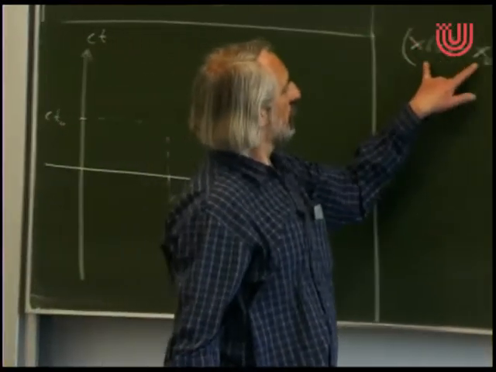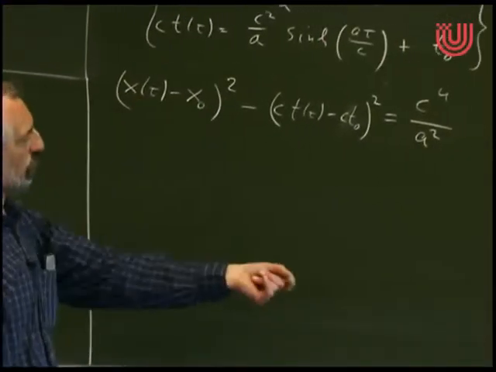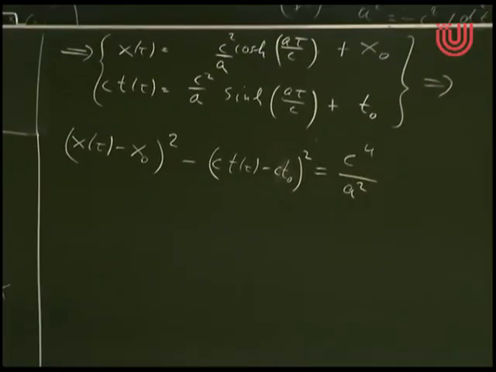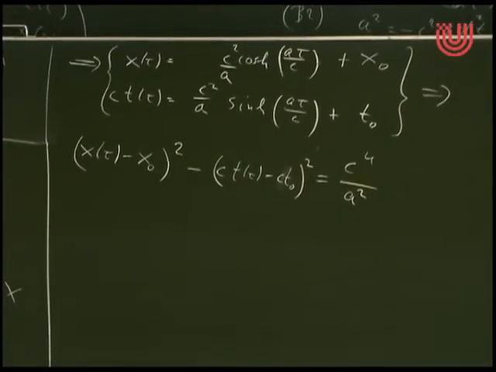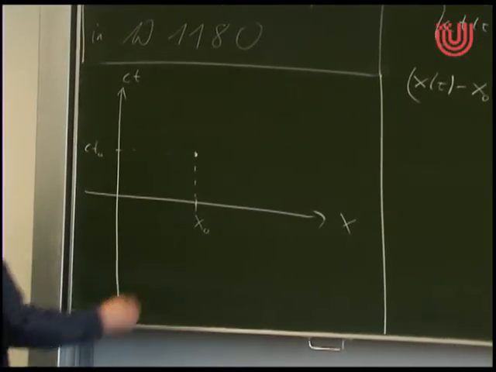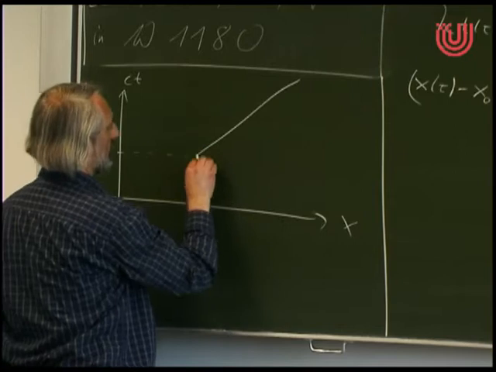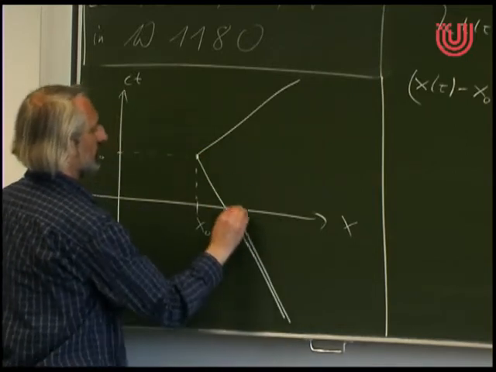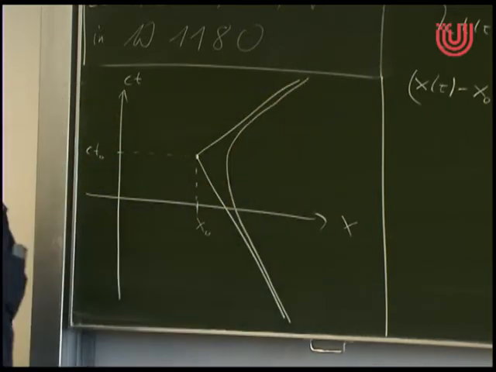And that's the values by which I have to move my origin in order to bring the hyperbola to standard form. So this would be the natural origin for the hyperbola. So I get something with these asymptotes here. So that's what I get, a hyperbola of this sort.